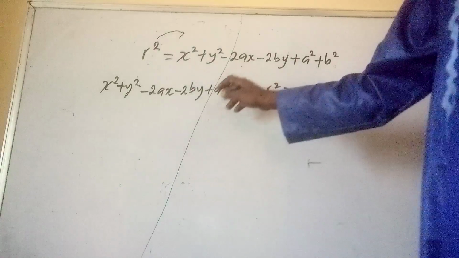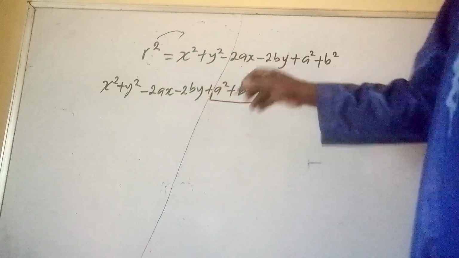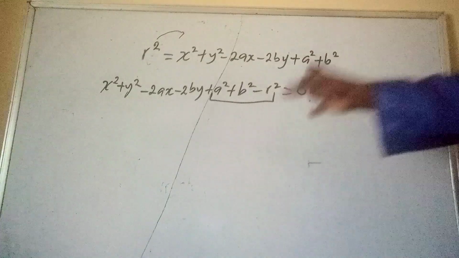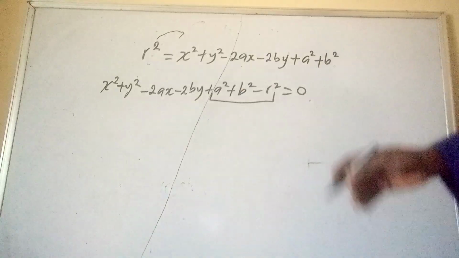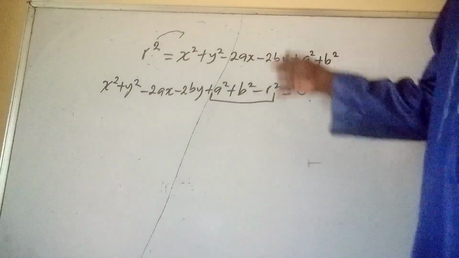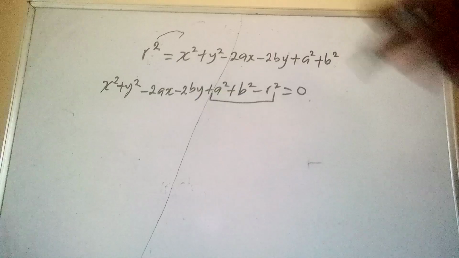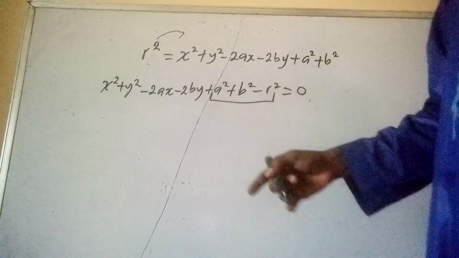If you notice from here to here, a squared plus b squared minus r squared, all of them are constants. Don't forget that a and b represent the coordinates of the center, and r represents the what? The radius.